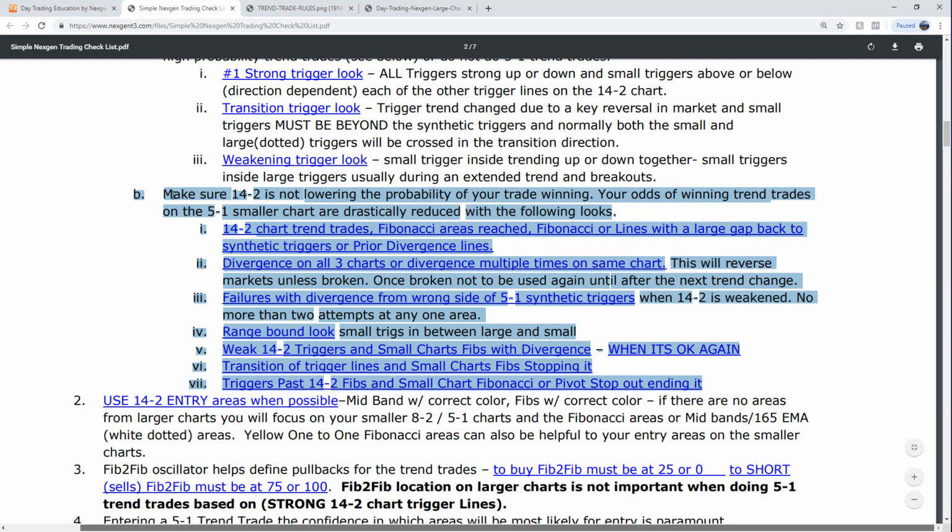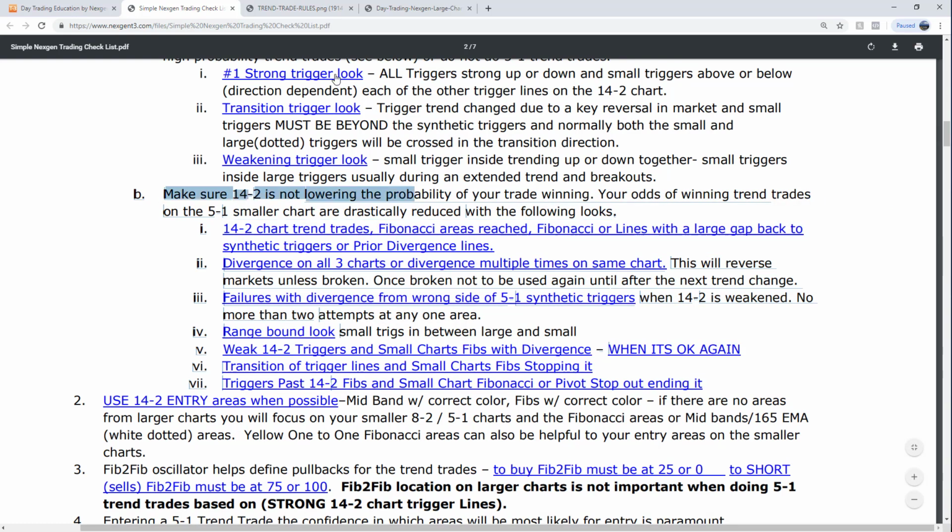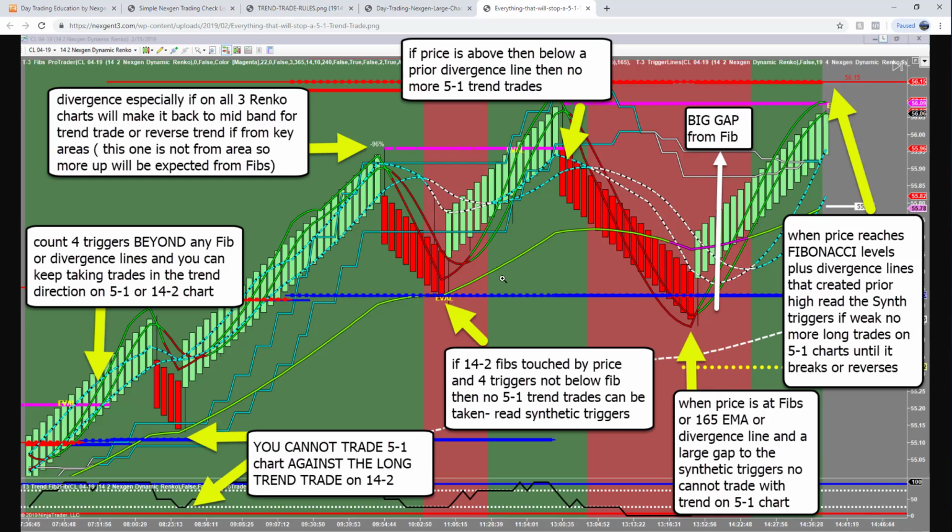If you have the 14-2 chart running smack dab into a fib, like support or resistance, then we're not going to do trades. Everybody okay with that? And again, you can see these key areas from an 8-2 chart as well. So my intention is to try to give you the ability to study with the least amount of indicators possible.